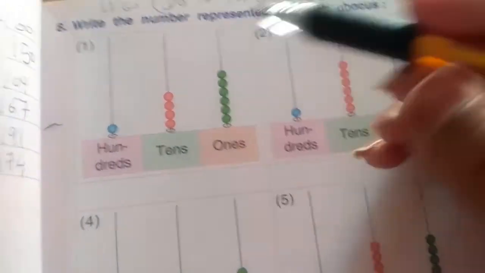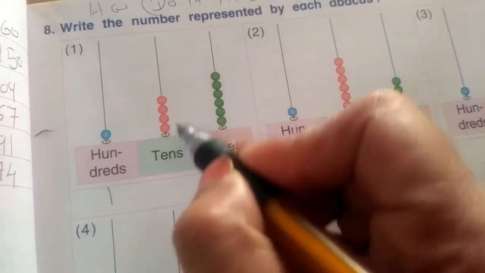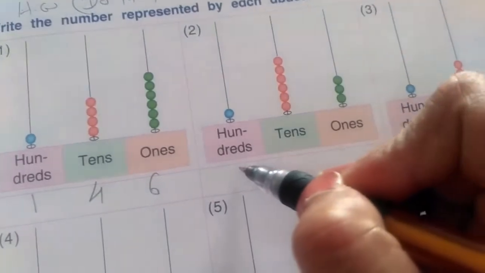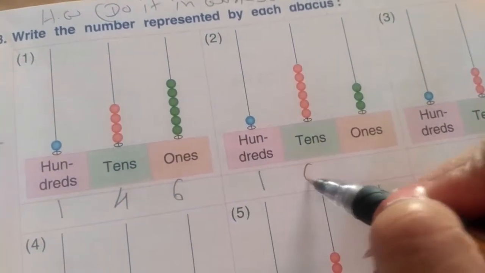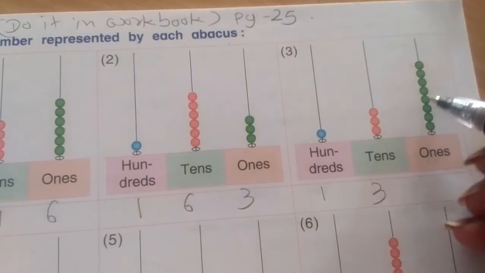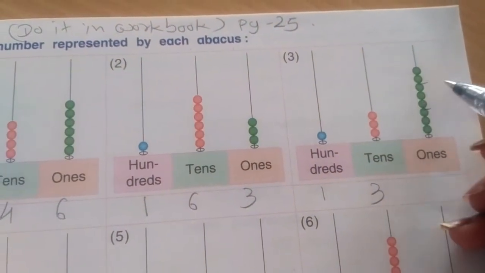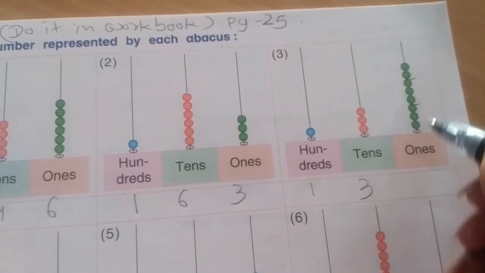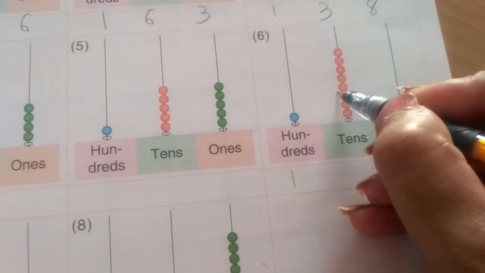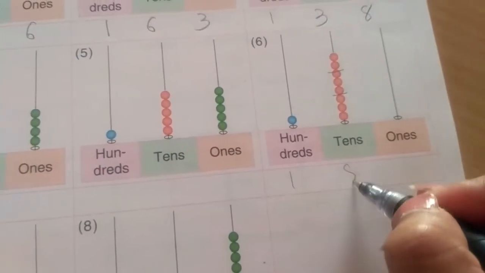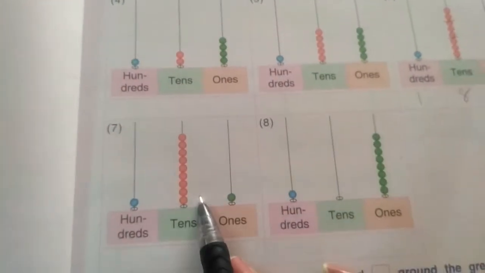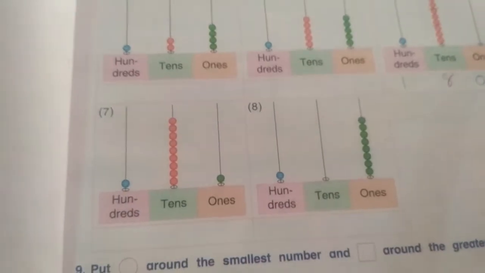Using the abacus, you have to write down the numbers 146, 163, 136, 138, 180. So this way you can complete questions number 4, 5, 7 and 8.